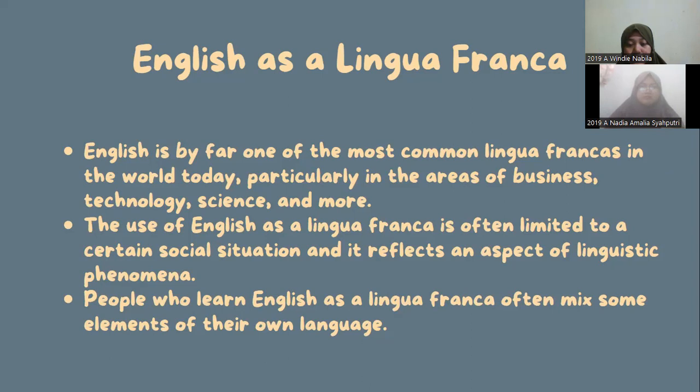People or social groups who learn English as a lingua franca often mix some elements of their own language, and sometimes it will be characterized as errors and will be difficult for other non-native speakers to understand. So in short, a lingua franca is a way of coping with linguistic and cultural differences and not a way of eliminating them.